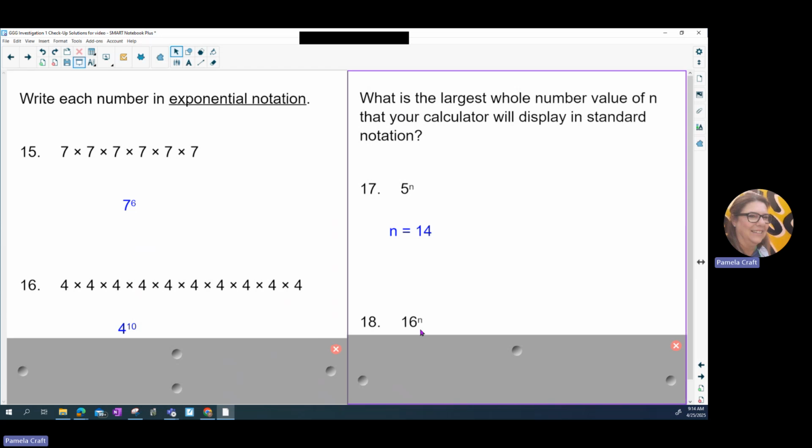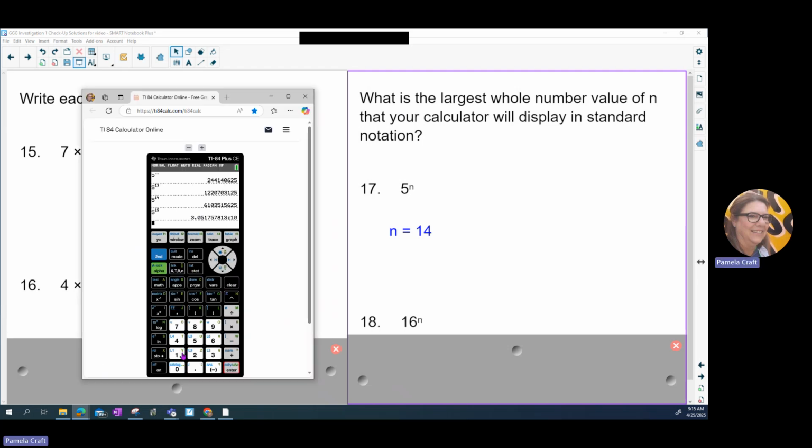In 18, they want to know the same thing, but with 16 as the base. Again, I'm going to put 16 as my base, and I'm just going to guess some numbers. I'm going to guess it's going to be lower than 15 this time. So let's start at maybe half of that at 7.